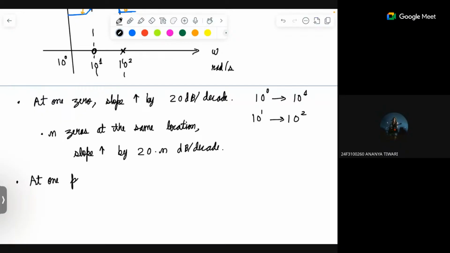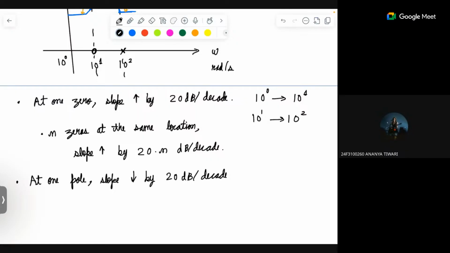So at one pole, slope decreases by 20 dB per decade. At a zero, it was increasing. So if the initial slope was zero, then once we encounter one zero, the slope will become 20.